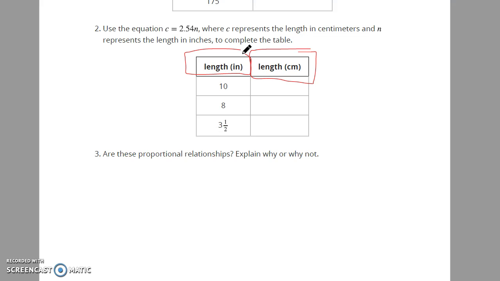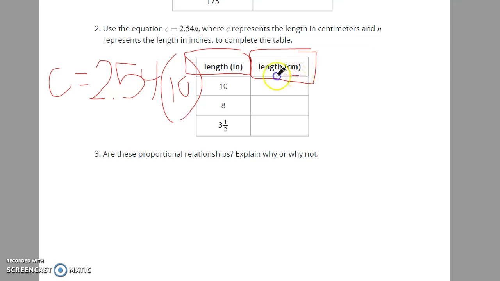So you are trying to solve for centimeters, which is C. For the first equation, you are going to have C equals 2.54 times 10. All right, that is how you're going to find this box right here. Please work through the equations to find the rest of the boxes. Hit pause, and when you're ready, hit unpause.